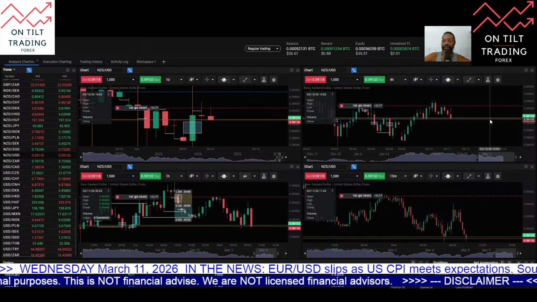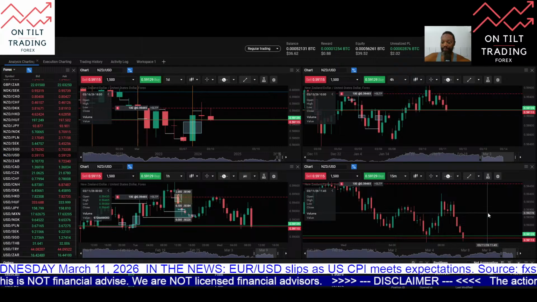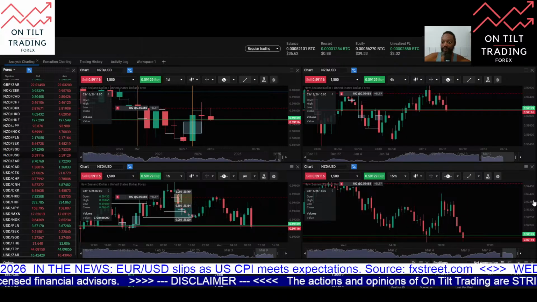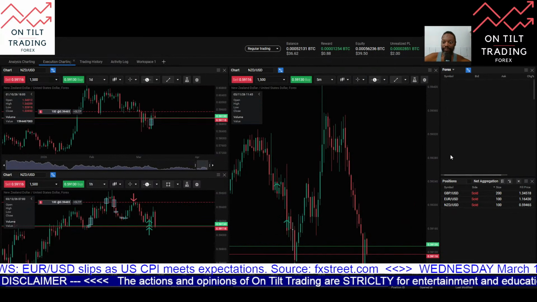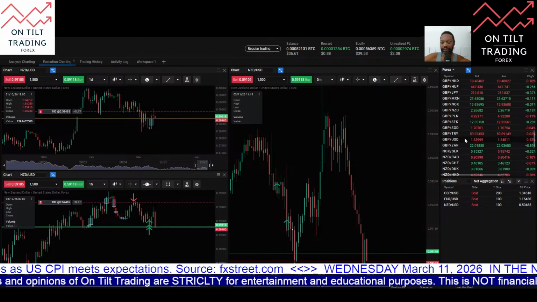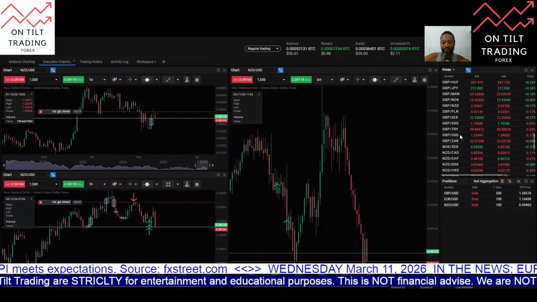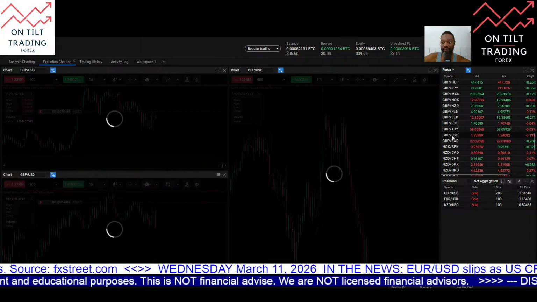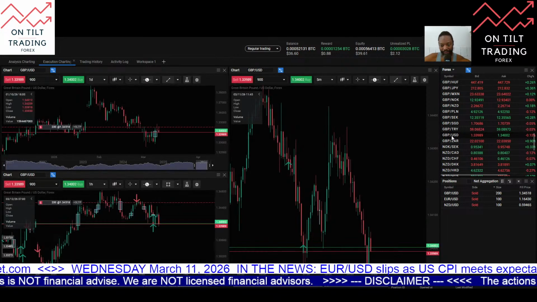Similar setup to pound dollar and euro dollar, where actually let's head back over to pound dollar.